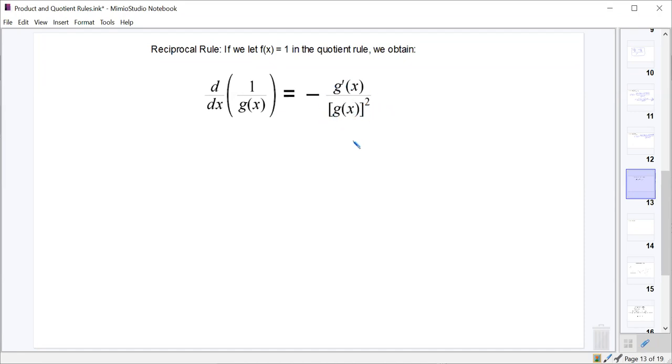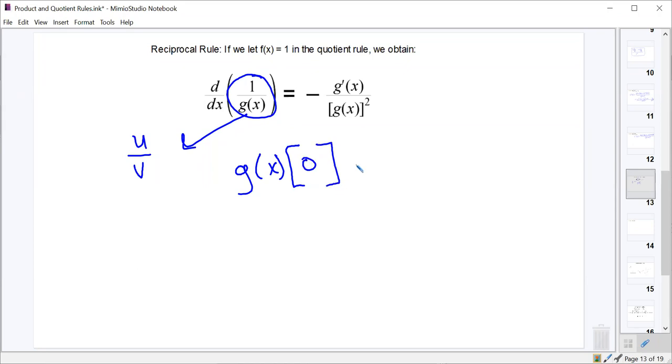And suppose we have the function 1 over g of x. Suppose 1 over g of x is our u over v for the quotient rule. We should do the v times the derivative of u, and what's the derivative of 1? 0.